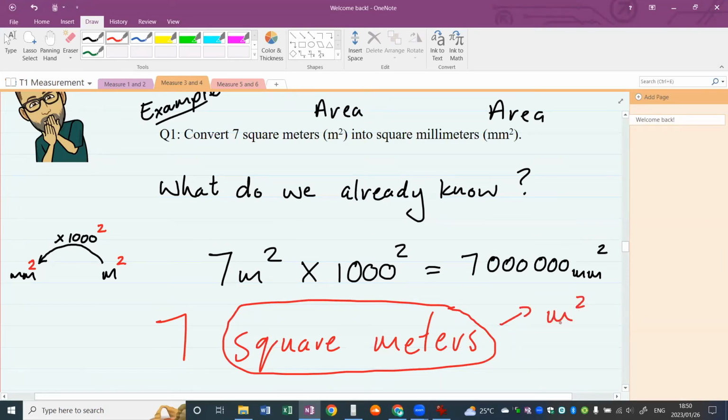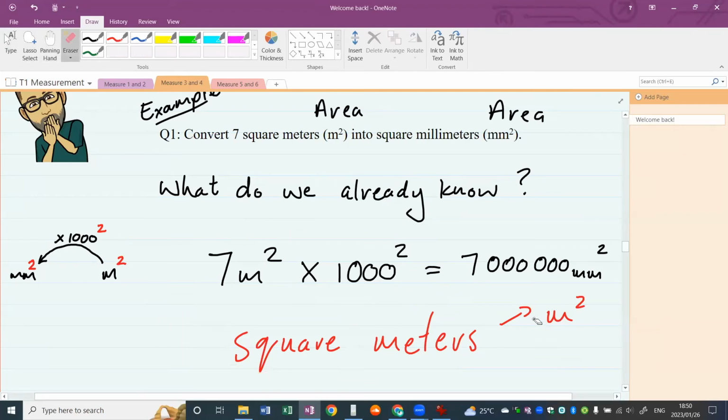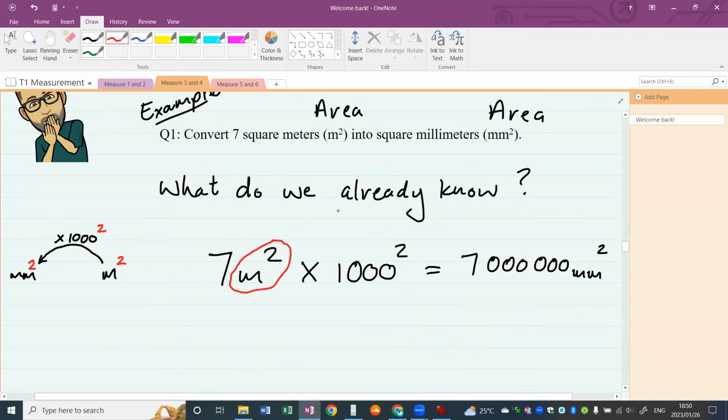That is m squared, m to the power of 2, square meters. The 7 is just a value on its own. So when I say 7 m squared, the 2, the square, doesn't belong to the 7. It goes with the m. Okay, and we don't use it in the calculation. It's on the letter m. We don't use it in the calculation.